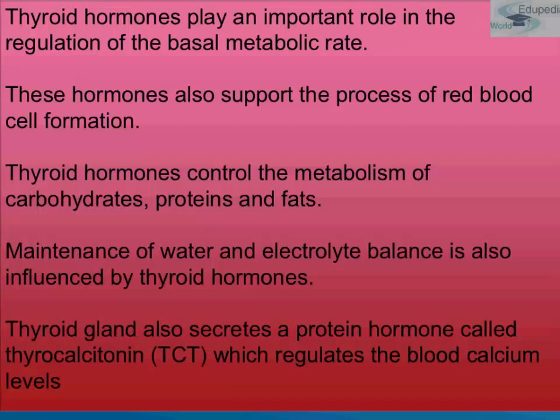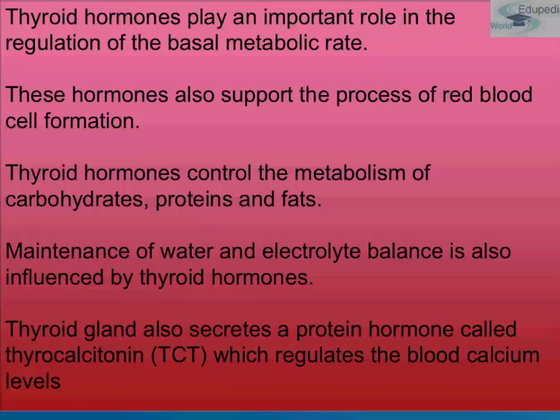And what is that? RBC is red blood cells. Okay, and thyroid hormones control the metabolism of carbohydrate, protein and fat also, and maintenance of water and electrolyte balance is also influenced by your thyroid hormones.